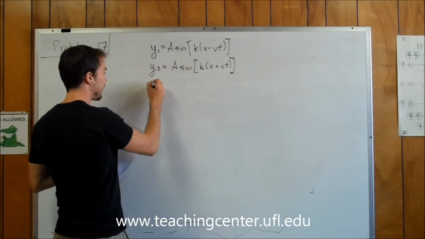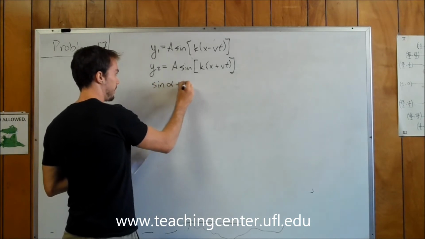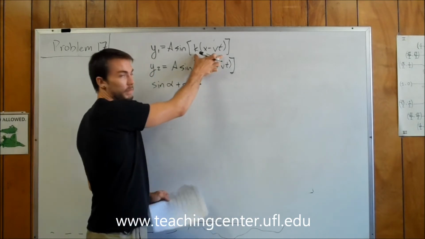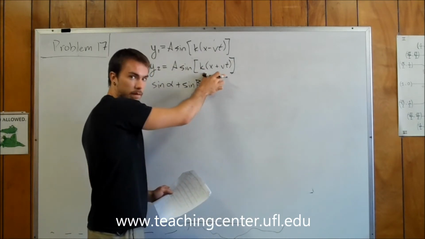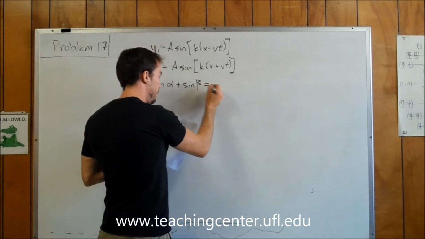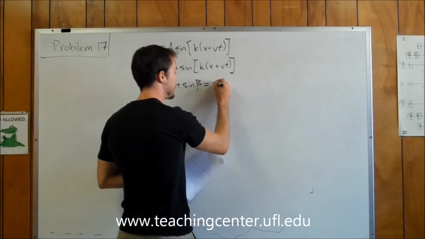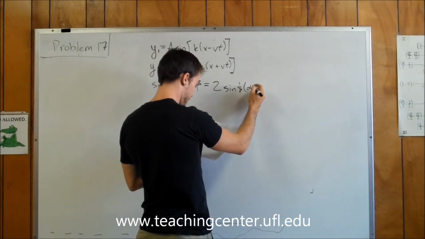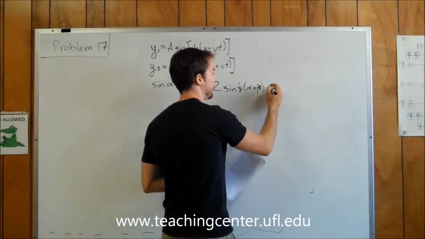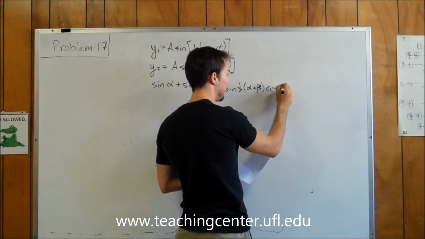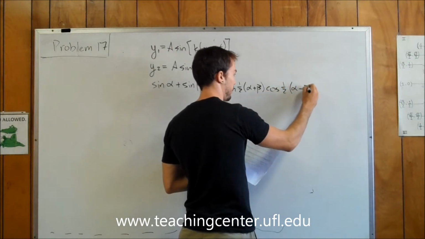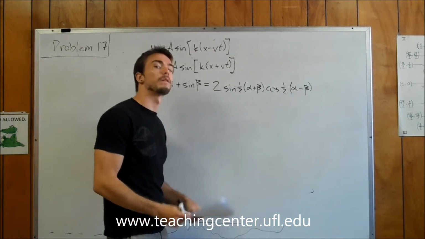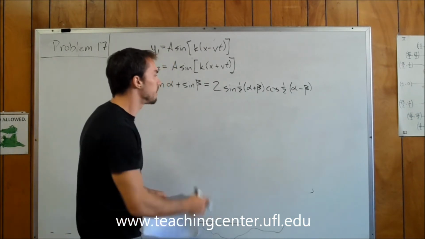We can say that sine of alpha plus sine of beta, where alpha and beta are your terms, k times (x minus vt) and k times (x plus vt), add together as 2 sine of 1/2 (alpha plus beta) times cosine of 1/2 (alpha minus beta). It looks a little messy, and it'll take a second to do the algebra, but it's doable.